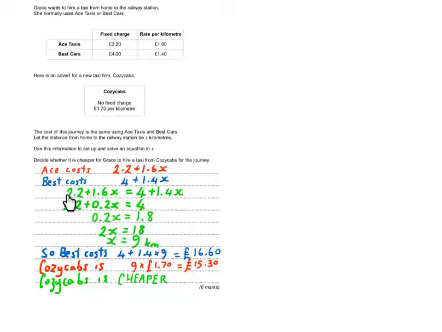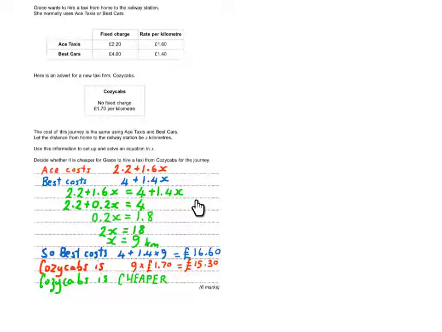So let's set that up as an equation: 2.2 plus 1.6x for Ace equals 4 plus 1.4x for Best. So those two things are equal.